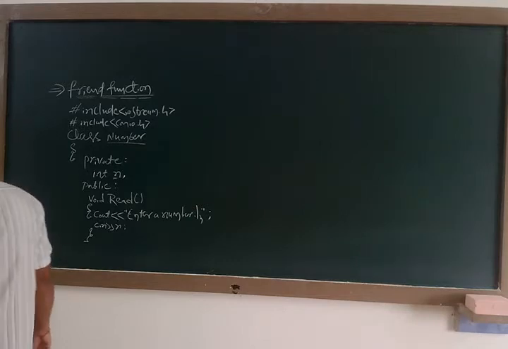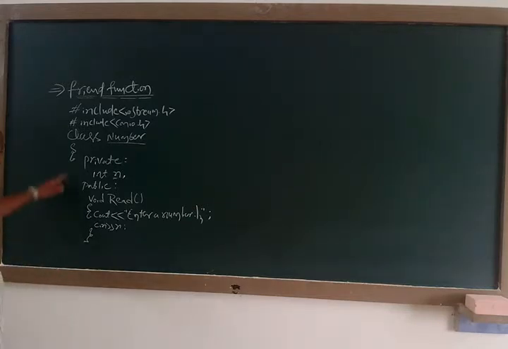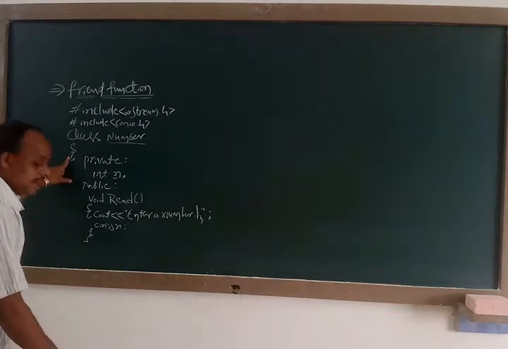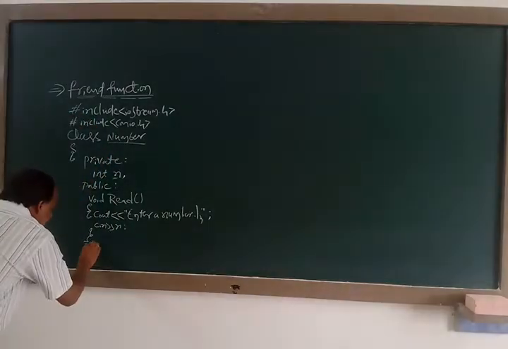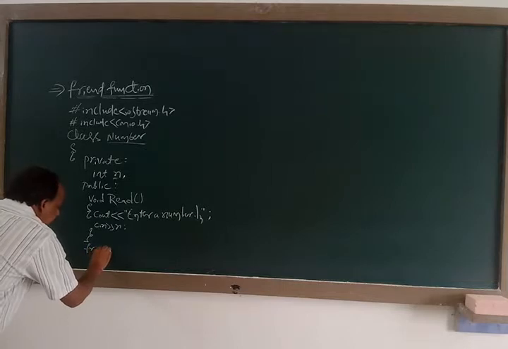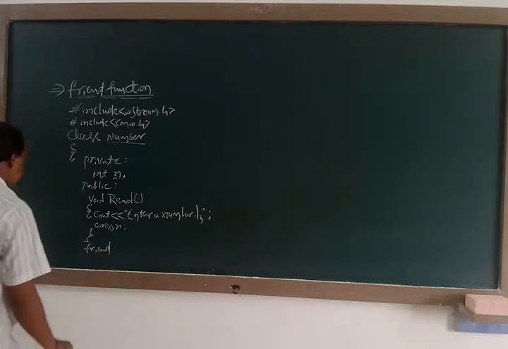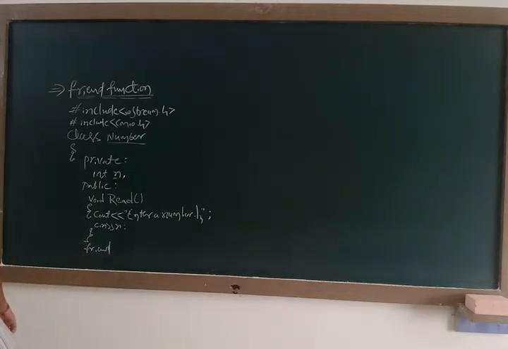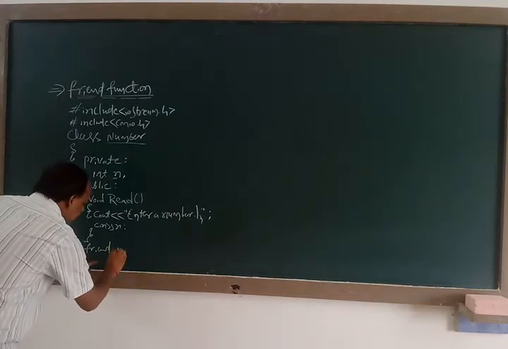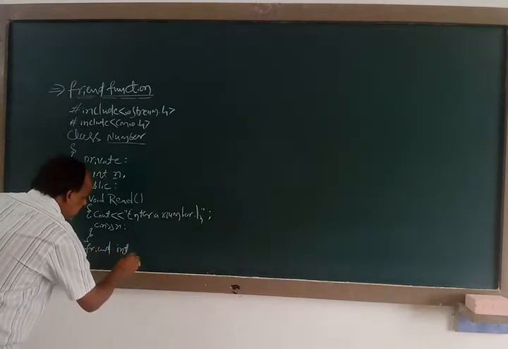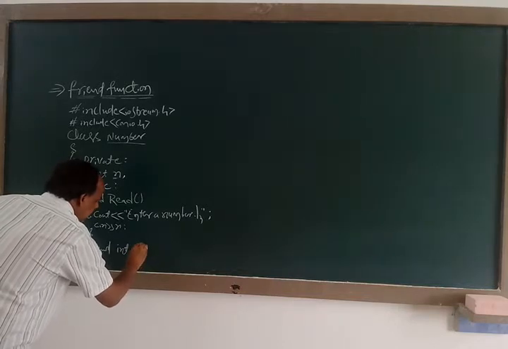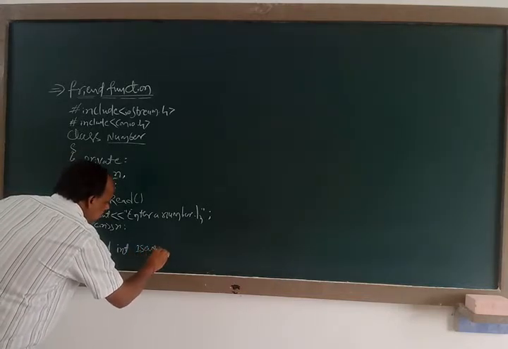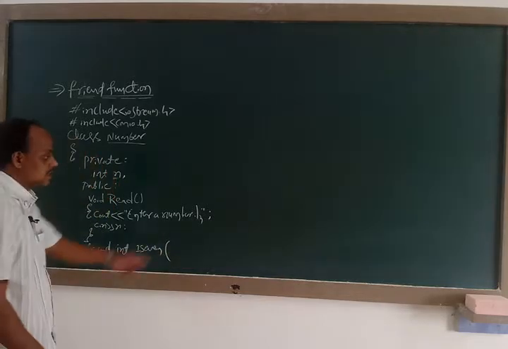Now I am going to declare a friend function in the class. I already told the declaration of friend function, right? Write the syntax: friend, and the data type of the function, int. We have to find even or odd, so that's why I am taking the function name as is even. What is the syntax?